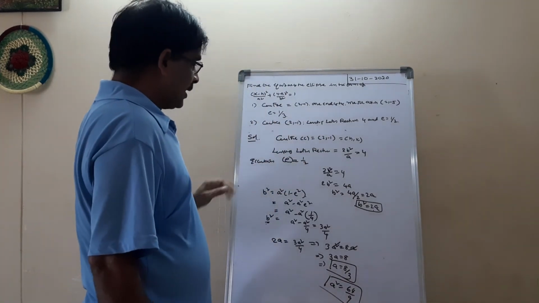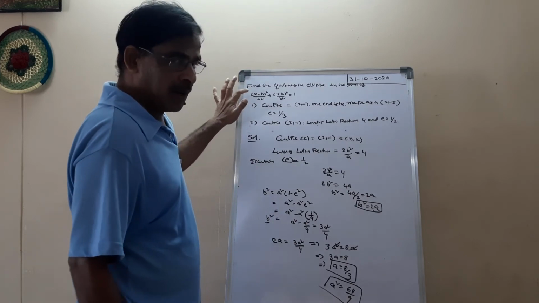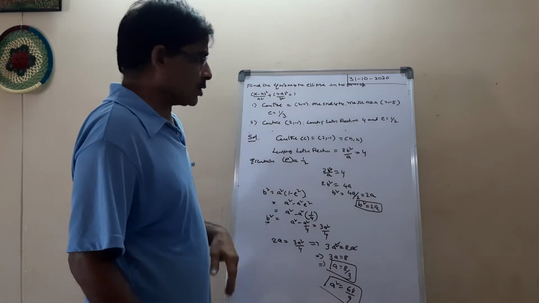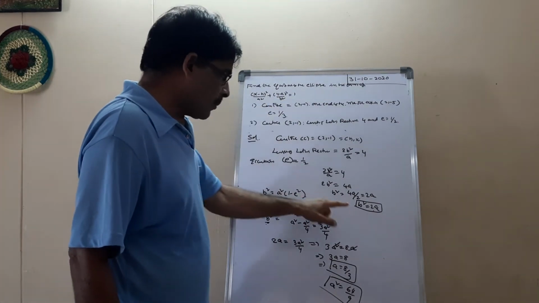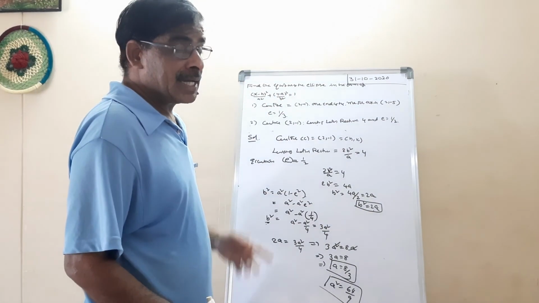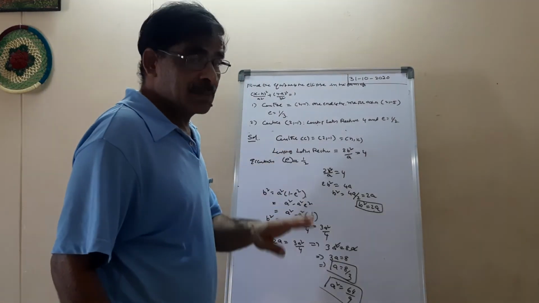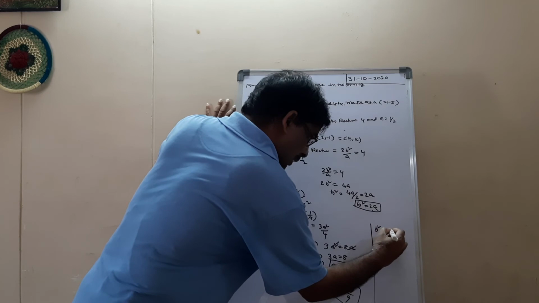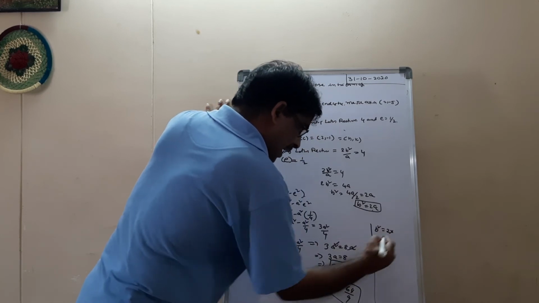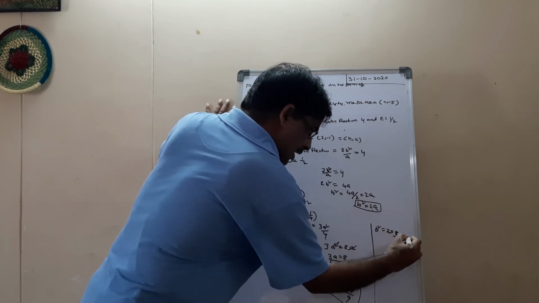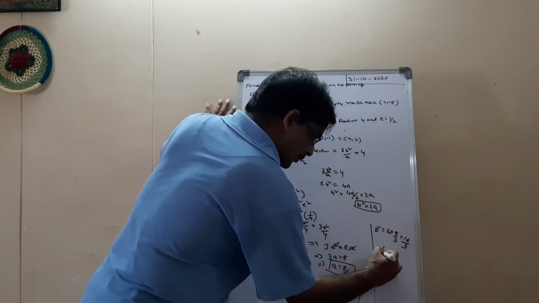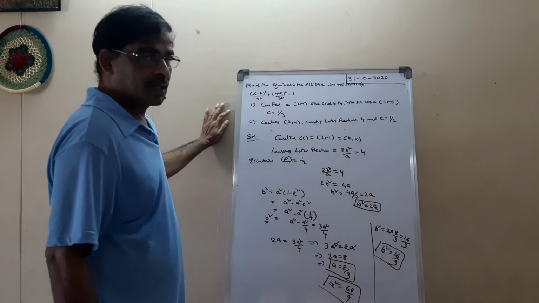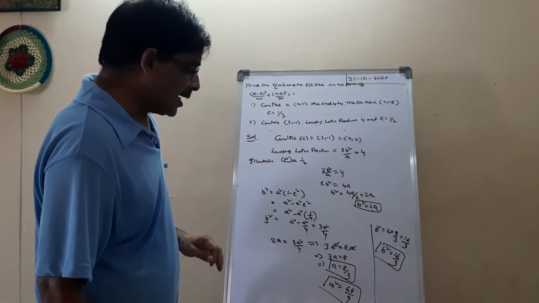In this required form of the ellipse, we have a square value and h and k also. Now we want b square, but b square is 2a. Here b square equal to 2 into 8 by 3, which is equal to 16 by 3. So b square equal to 16 by 3, and a square equal to 64 by 9.